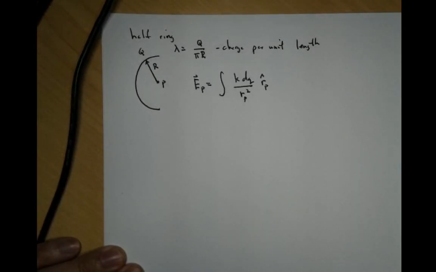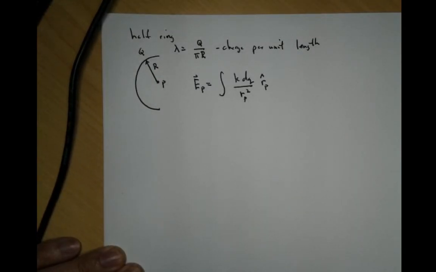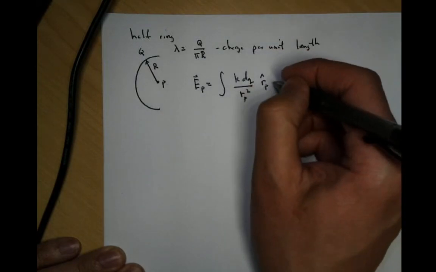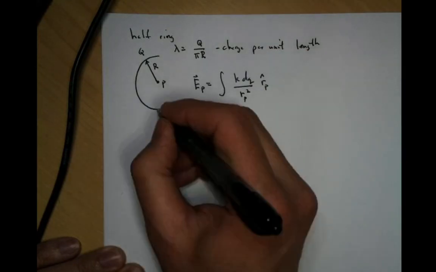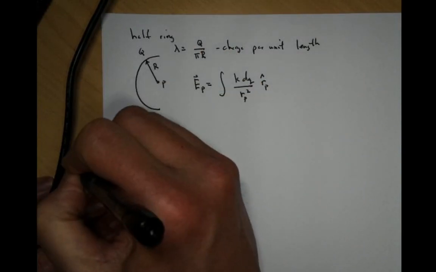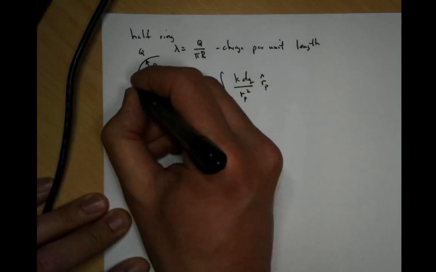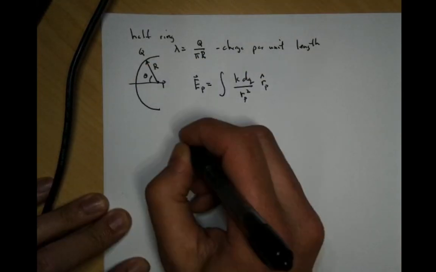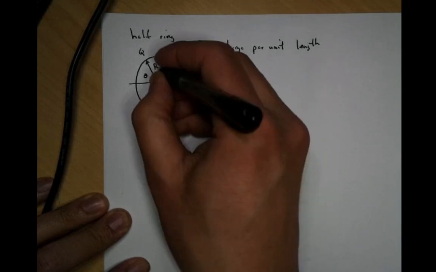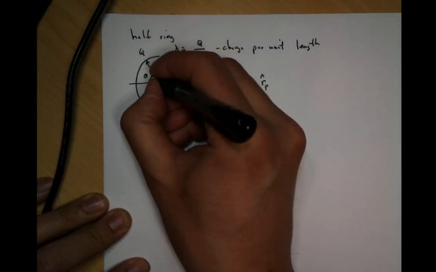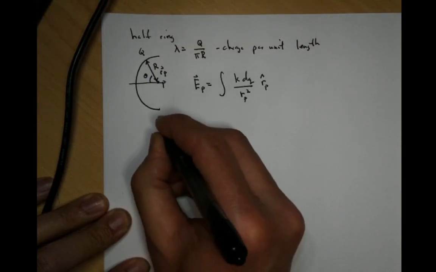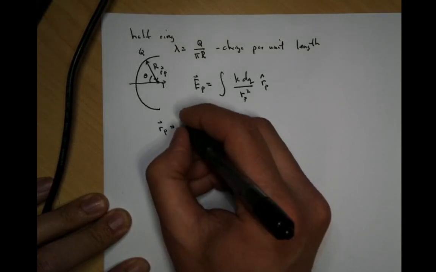So this is also relatively simple. If I want to understand what this thing looks like, I could just look at what each of these components are. To do that, it's very useful to consider this in terms of some angle theta here. Now if I do that, the vector will point in this direction. That's the r_P vector, which has some length r.